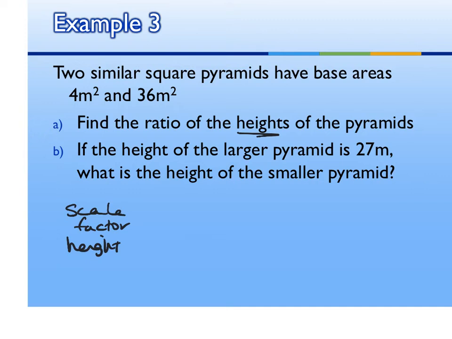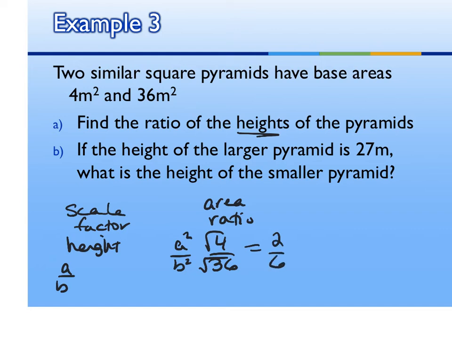So we're going to set it up as we take our area ratio, and it's 4 over 36. So remember, this is really a squared over b squared. My scale factor should be a to b. So what I need to do is square root these, and this becomes 2 to 6, or 1/3. So my scale factor ratio for the heights is 1 to 3.